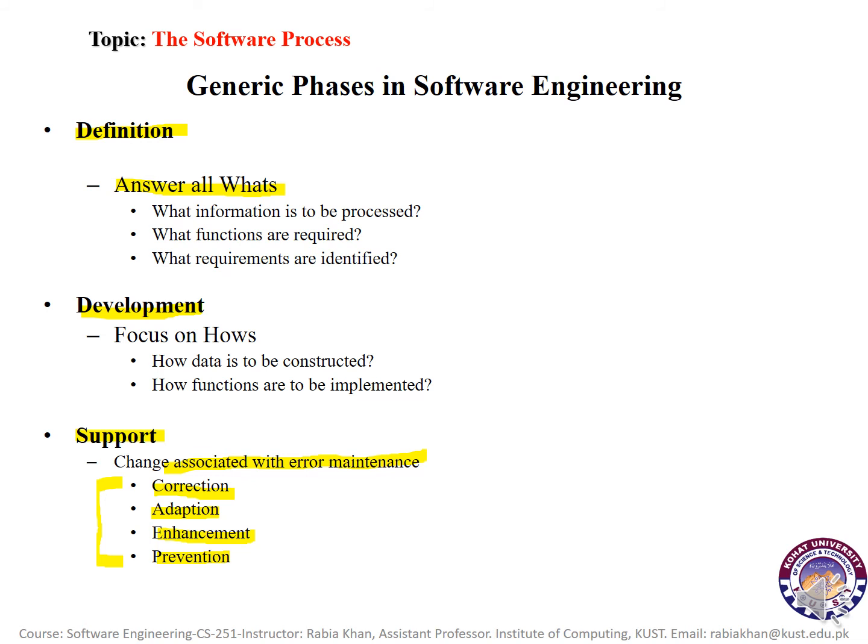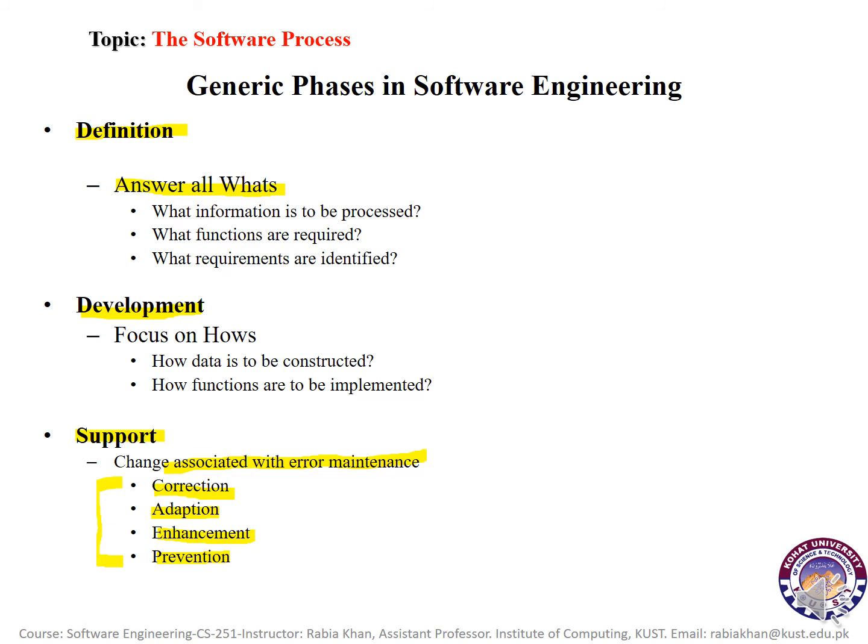So prevention is also known as software re-engineering, which ensures that your software keeps on serving the needs of its customers. So preventive maintenance makes changes to software so that it can be easily corrected, adapted and enhanced, so that it is error-free with the passage of time.